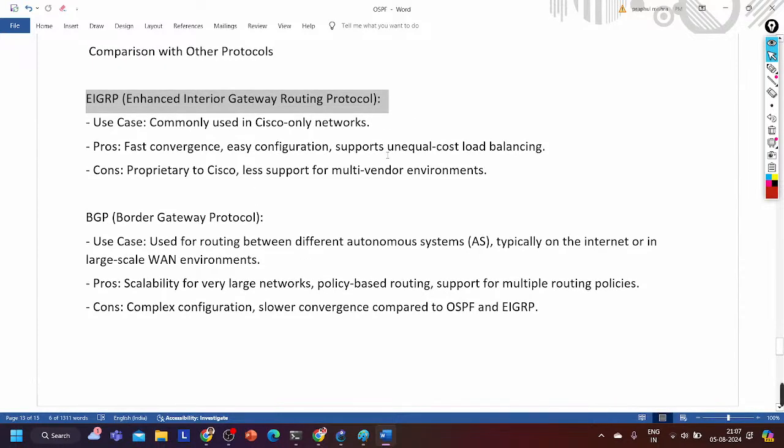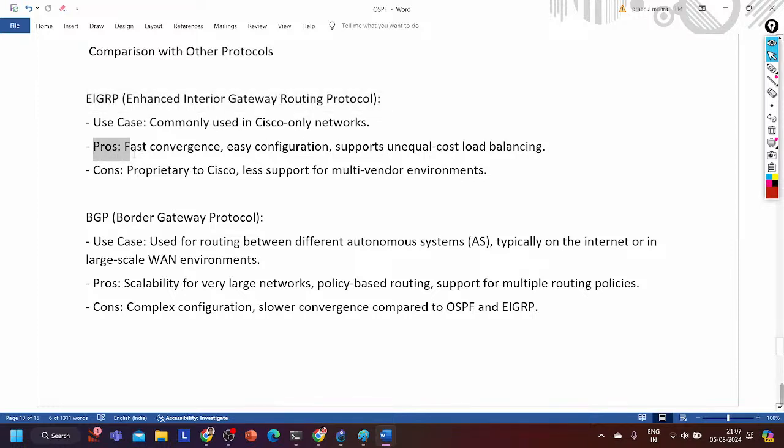Whenever you need unequal cost load balancing, you will use EIGRP. Or if your priority is CPU, as I told you, OSPF is going to use more CPU than EIGRP. So if CPU is your priority, then you can use the EIGRP protocol, right?